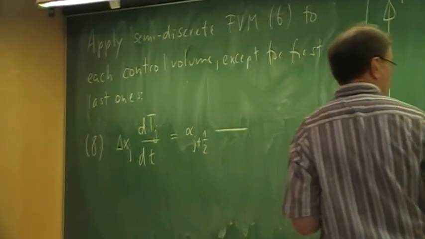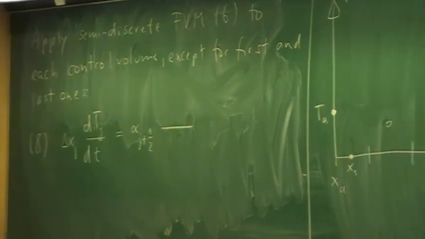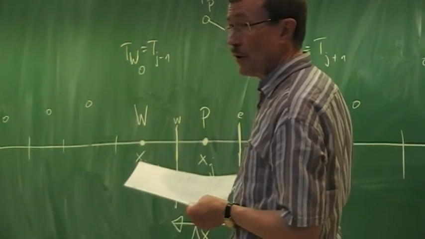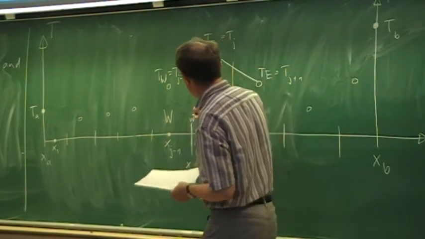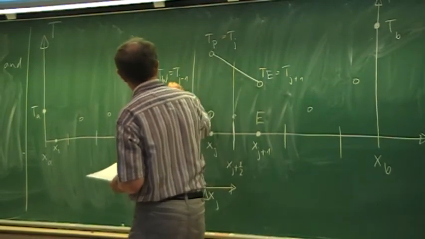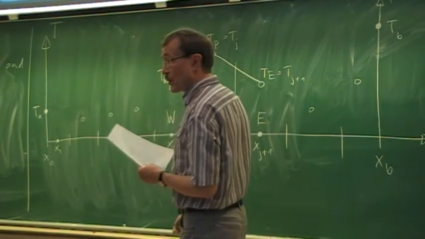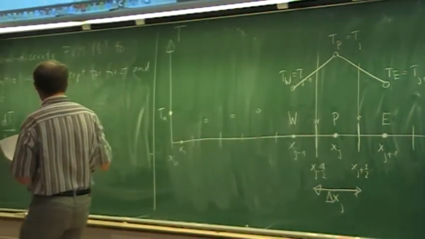Now we use, of course, these indices here, Tj plus 1 minus Tj, to get an approximation of the slope at the eastern face. Here at the western face, we will use a similar thing. We will use this difference approximation to get the slope here. So that gives the following.